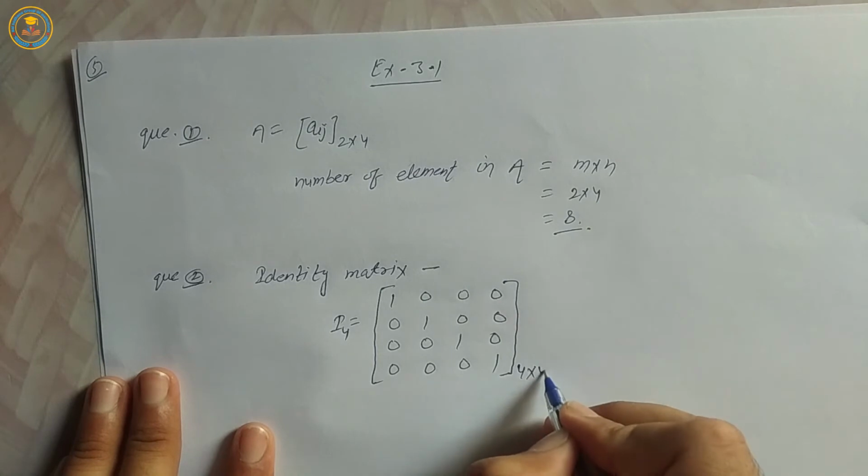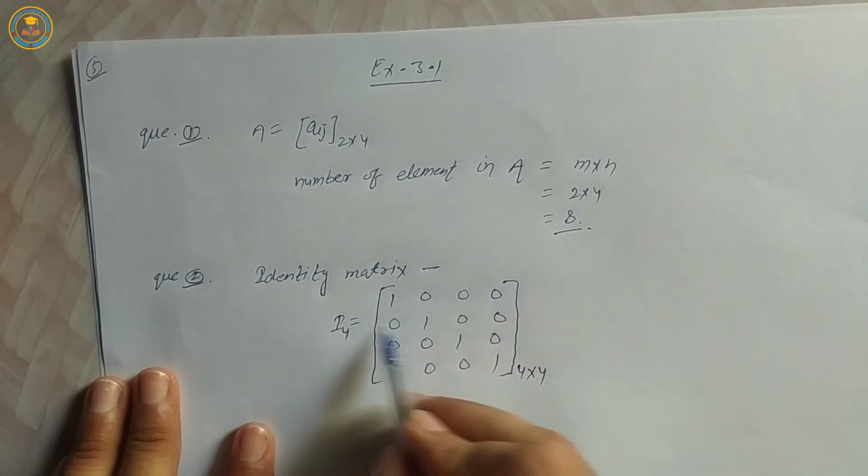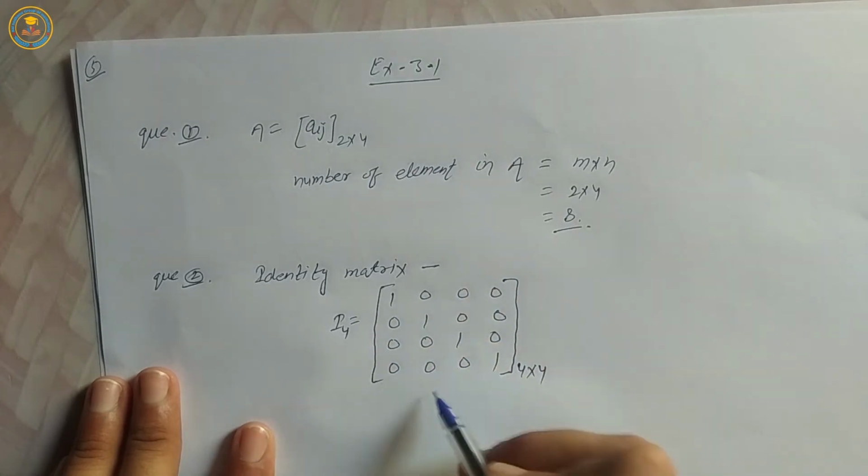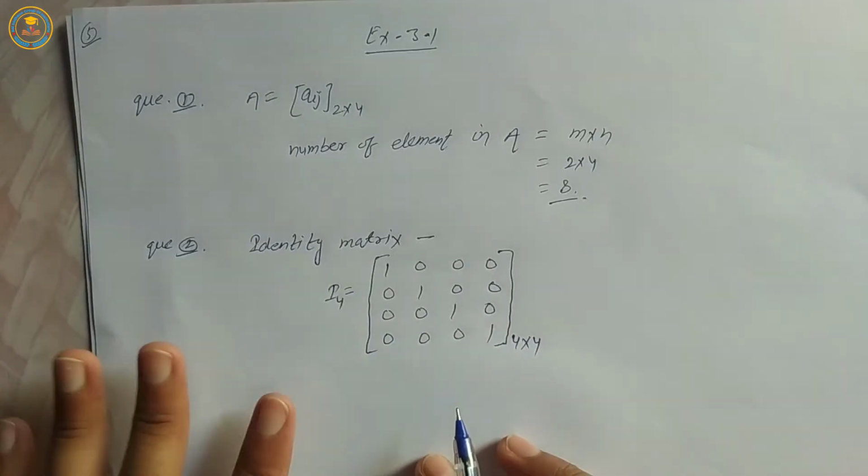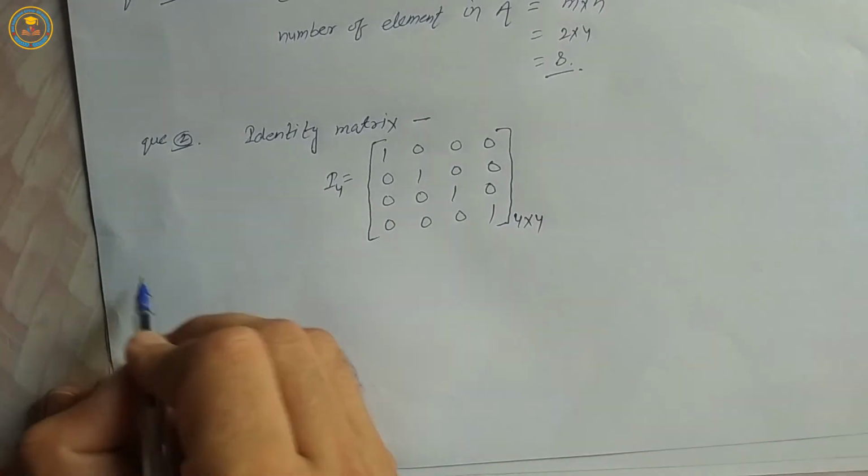Order 4 by 4 means 4 rows and 4 columns. Okay, question 2 complete.